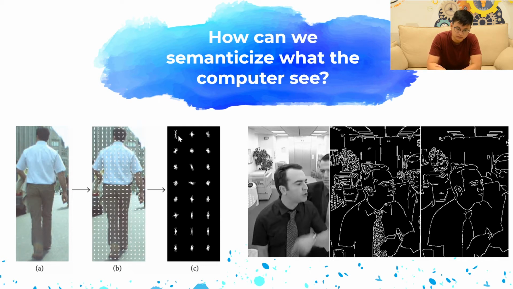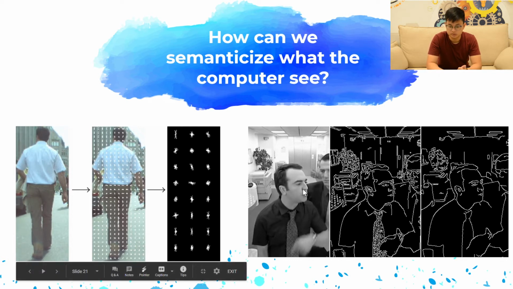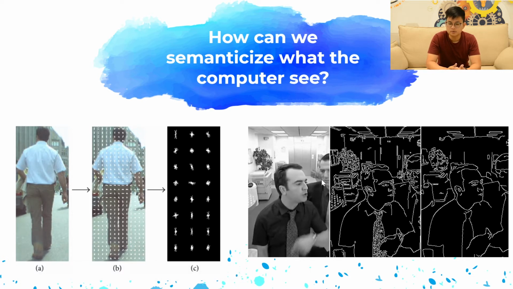Then you have edge detection to detect edges in a particular image. See, there's an edge here, right? So in a way, you are trying to simplify or semanticize what the computer sees.